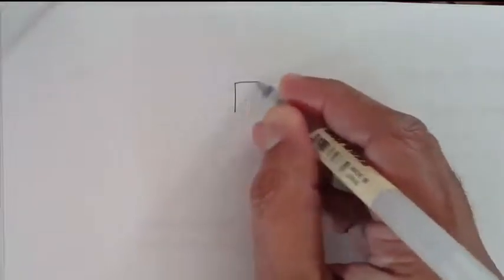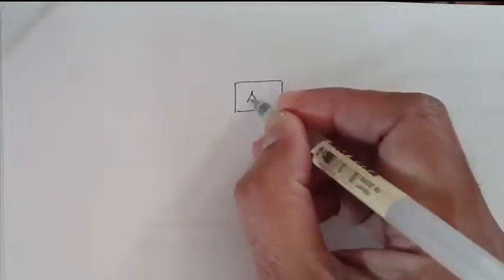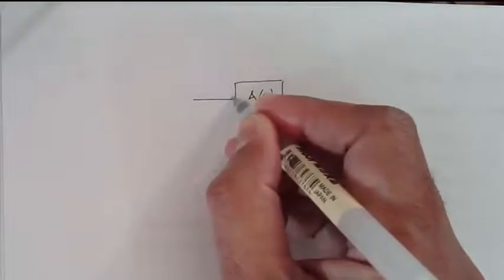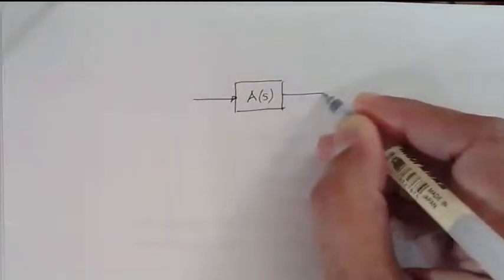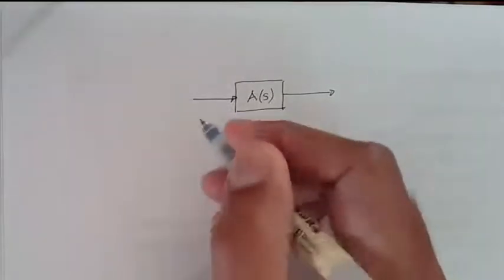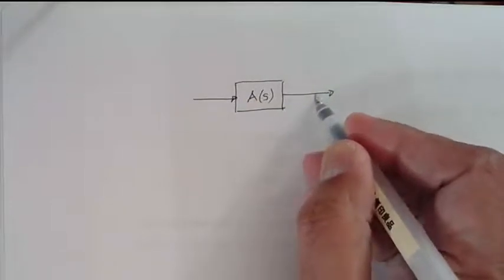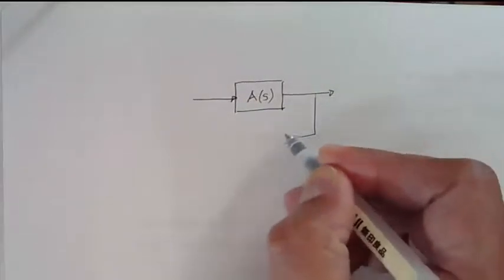Okay, so here's how we're going to set it up. Let's suppose I have a system, and let's say it has a transfer function, and let's call that A of S, and it has an input and an output, and we'll denote the input by X and the output by Y, as we always do. But now we're going to take the output of the system and feed it back.